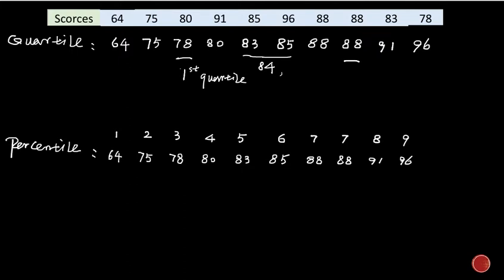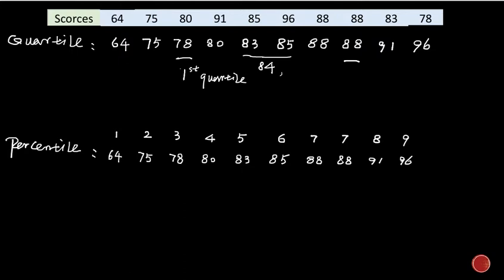This number is our third quartile. Now we figure out the 3 boundaries that divide the data set into 4 parts.